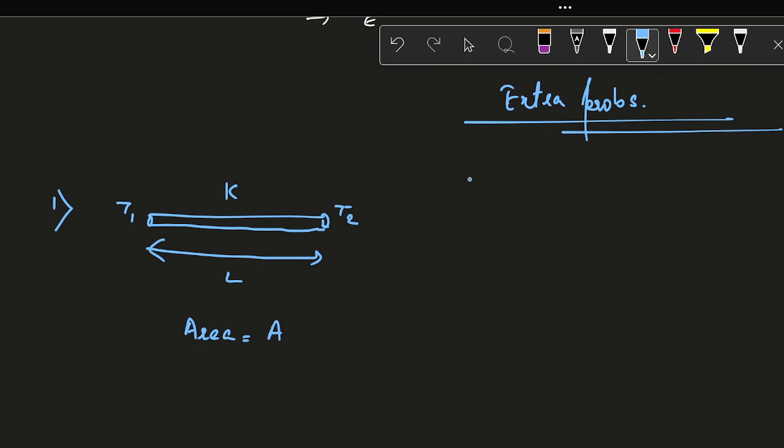You are asked that if the rod is in steady state with this condition, then what will be the entropy increase of the universe from the rod.